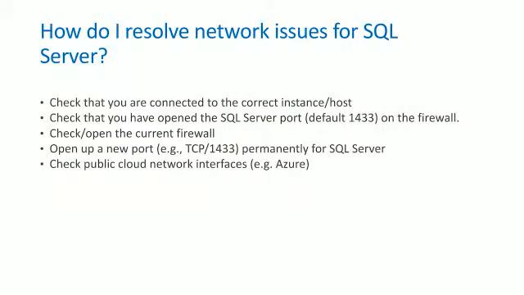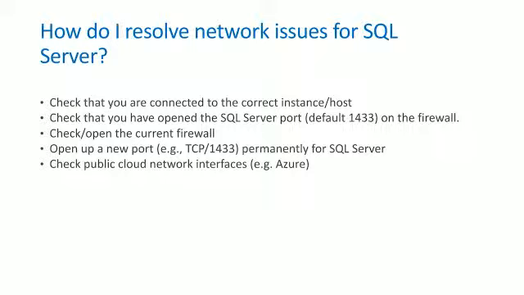Another common area of troubleshooting is making sure that you can connect to your SQL Server by resolving all the network issues. These are some of the general checks that we recommend if you are running into network related issues, such that you could run systemctl status on SQL Server and know that it's running, but as an end user or from an application perspective, you cannot connect.